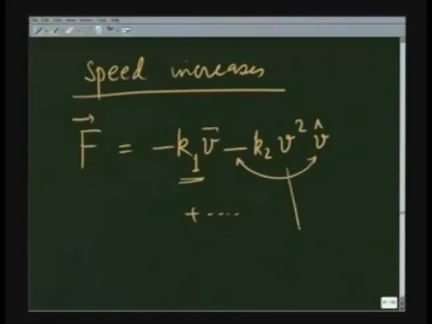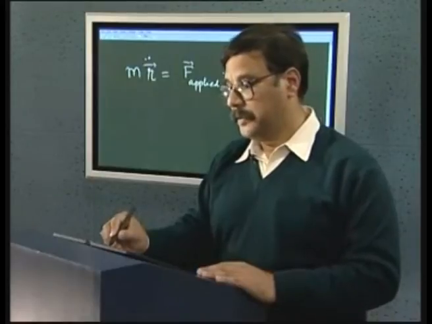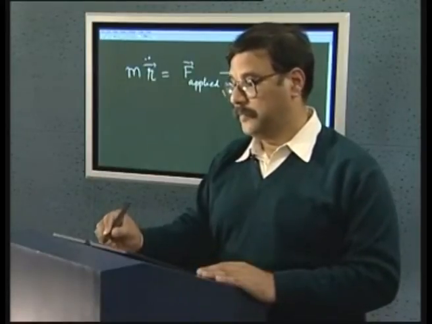When these terms come into play, the problem becomes non-linear, because now you have m r double dot equal to F applied minus k1 r dot minus k2 r dot square r̂ dot vector.